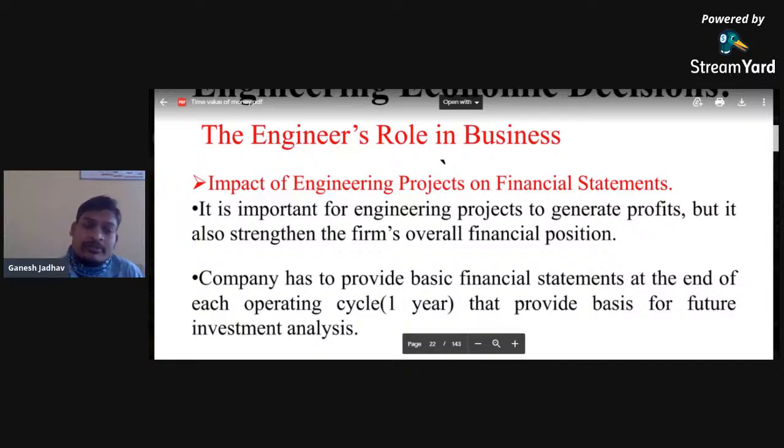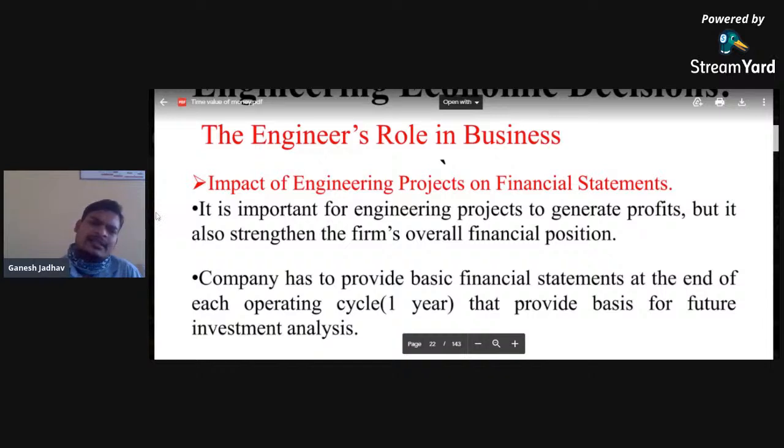But it also strengthens the firm's overall financial position. Okay, so we require this particular decision for the economical value, to get more and more profit from the project.